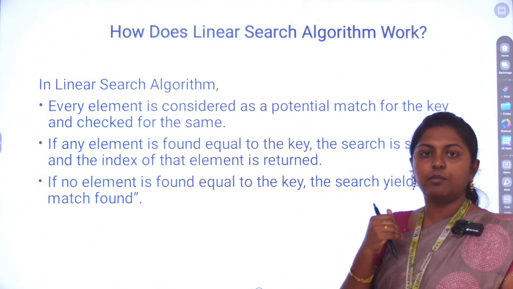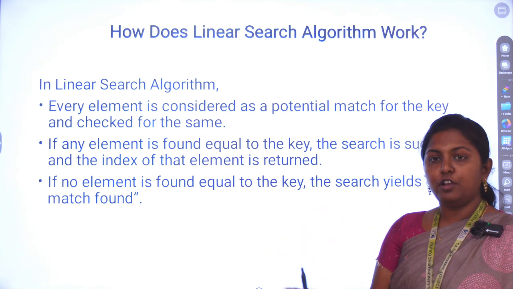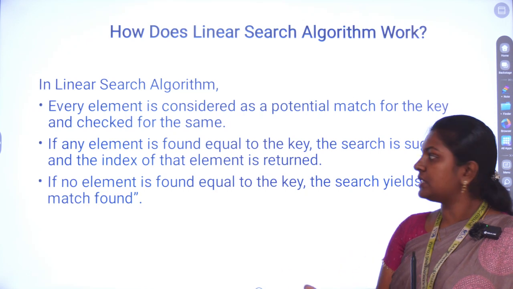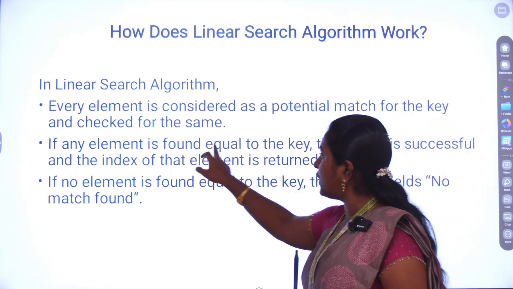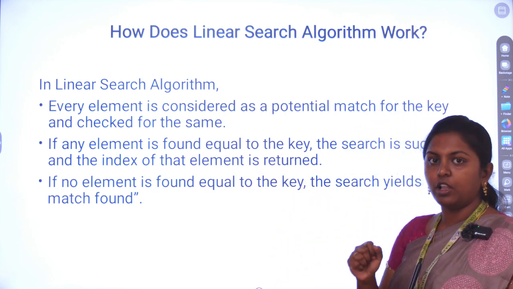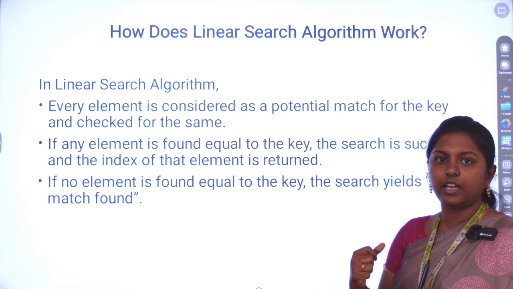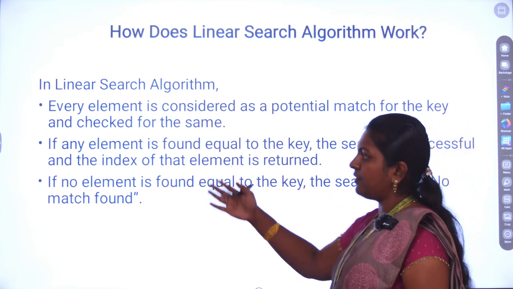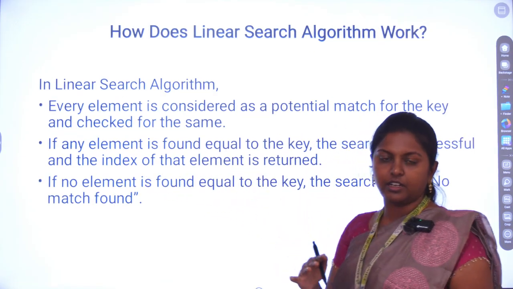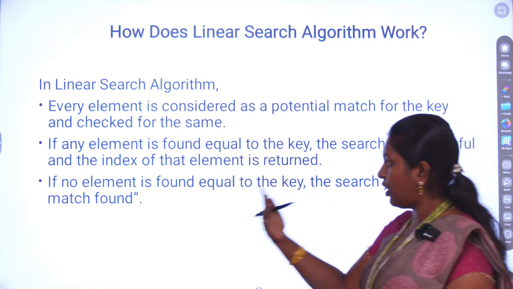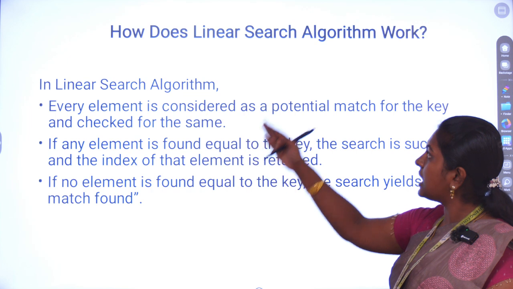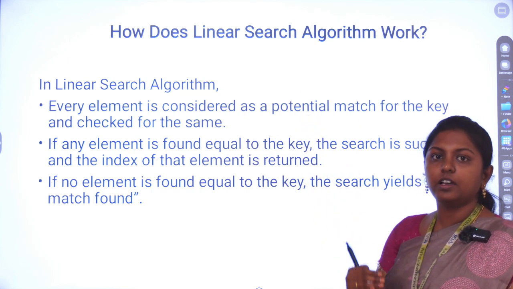Now I consider my key as a red ball, in a bag full of different colored balls. If an element is found equal to the key, which means I find a red ball, my search is successful and I take that ball. In the same way, the algorithm returns the index of that particular element if it finds it. If I do not get that ball, it ultimately returns no match found. This is how the algorithm works on the problem.